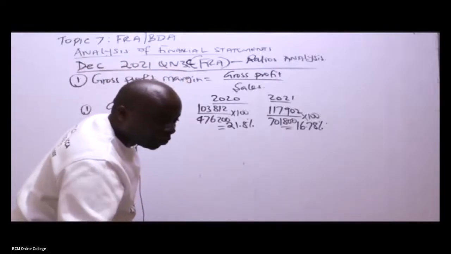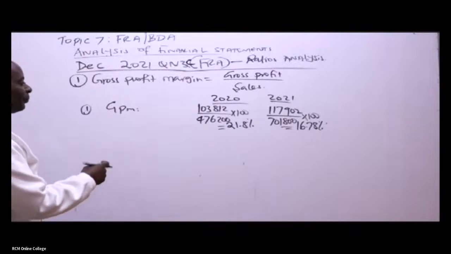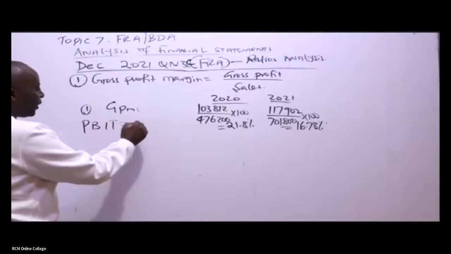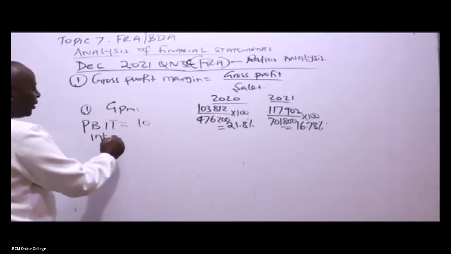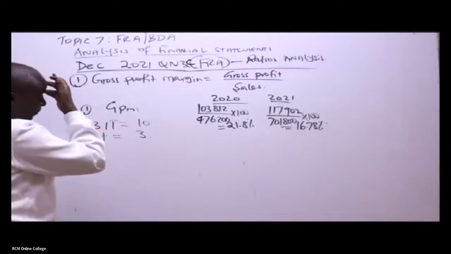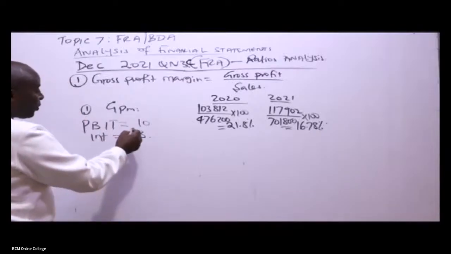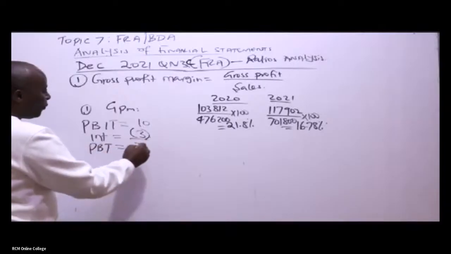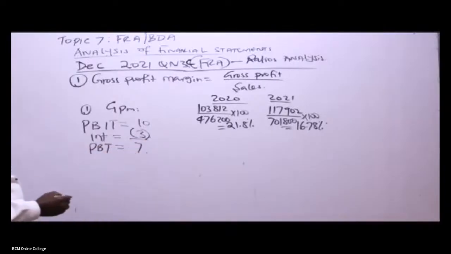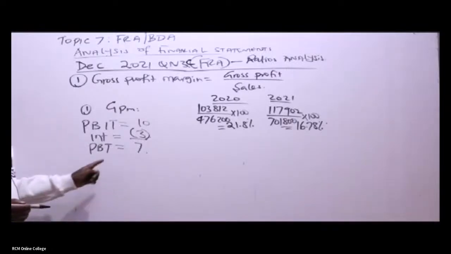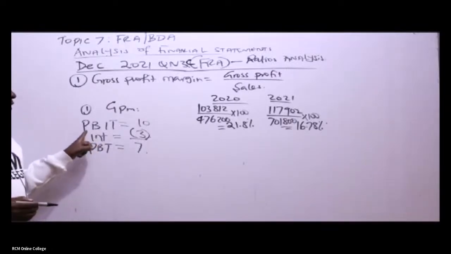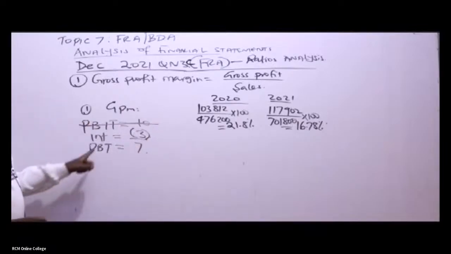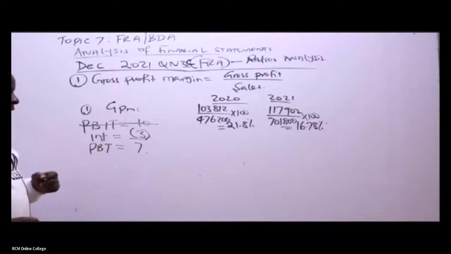So first of all, we start with this. Assuming you are given profit before interest and tax of say 10, then you are given interest of 3. You subtract this, and you get what we call profit before tax of 7. Now the examiner, instead of giving you PBIT, has given you the interest and PBT.